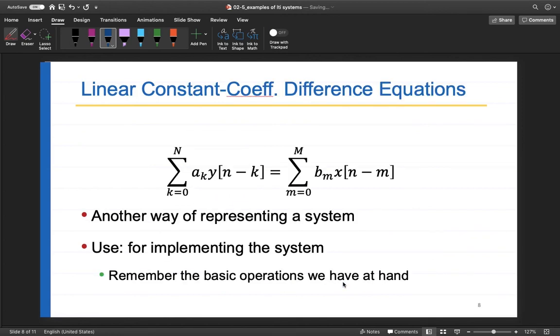Okay, now let's move to the next topic, which is linear constant coefficient difference equations. Basically these are difference equations where the coefficients like a_k and b_m are constant. This is another way of representing the system. We have seen previously that one way to represent a system is y[n] equal to T of x[n].